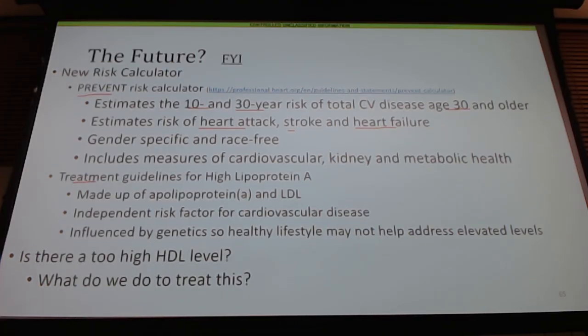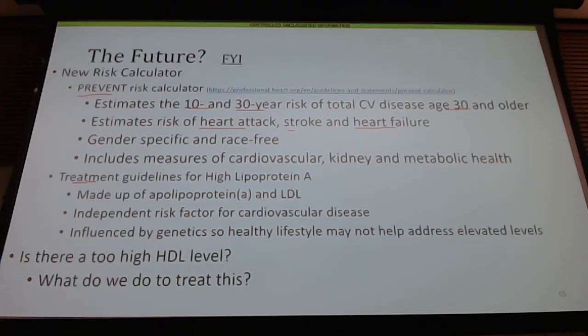Other things that might be down the road are treatment guidelines for high lipoprotein A. We are seeing that high lipoprotein A is a genetic predisposition for cardiovascular events. So even though you may not meet the criteria for heart disease or for being at risk for heart disease, because you have the genetic predisposition with this lipoprotein A, these folks tend to have premature cardiovascular disease.